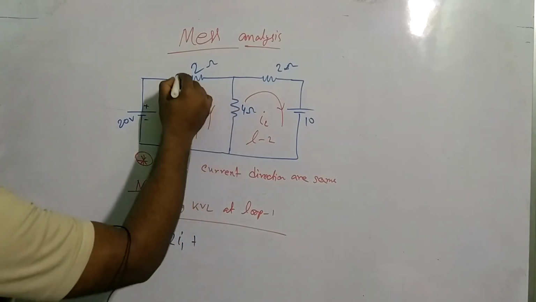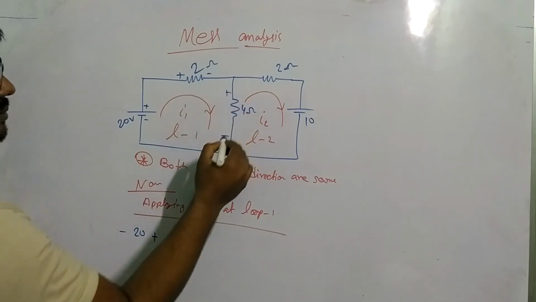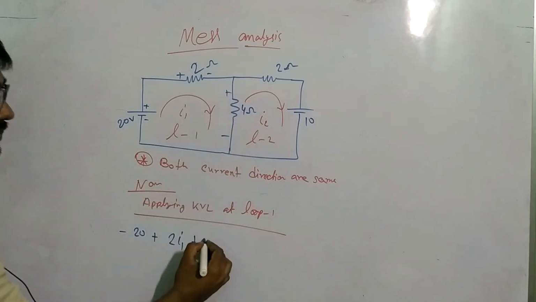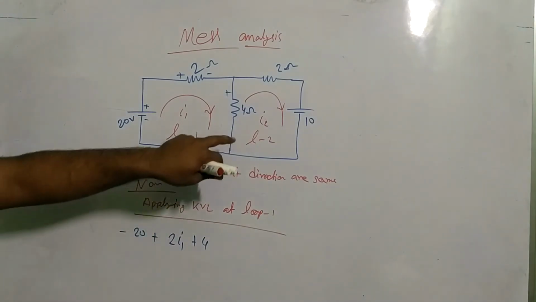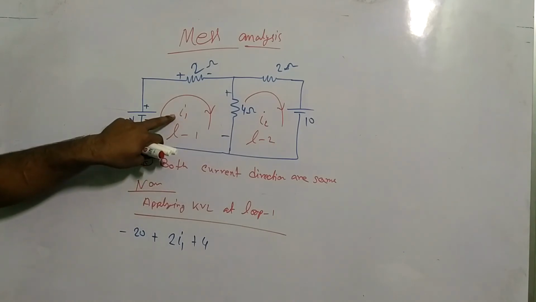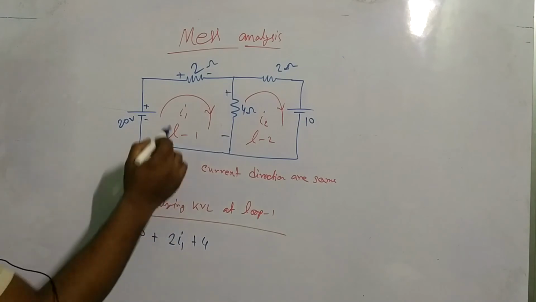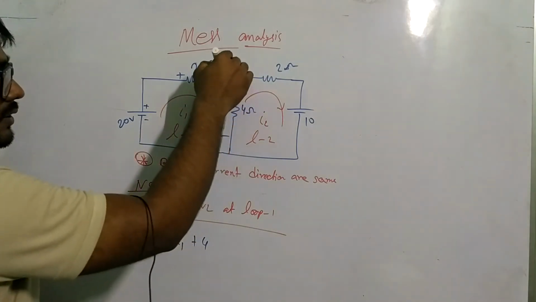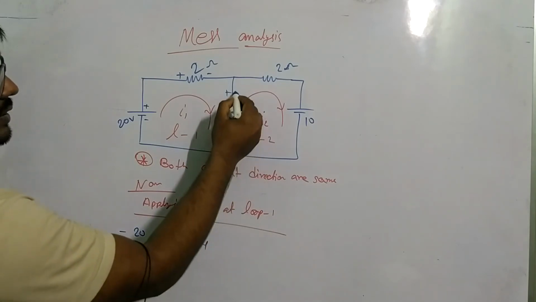But in the 4 ohm resistance, both I1 and I2 flow through it, but one enters this point and the other enters the opposite side. So this is a minus.